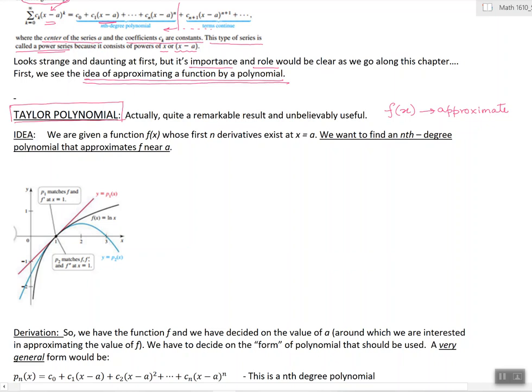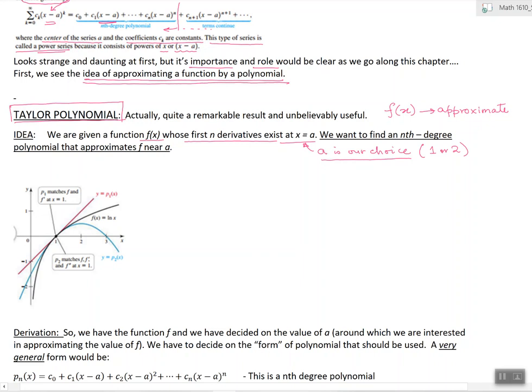So here's the idea. We are given a function f of x whose first n derivatives exist at x equals a. This a is our choice. There is a reason for choosing it, which will be clear later. But a is just a number. You can think of it as 1 or 2, whatever number you like.